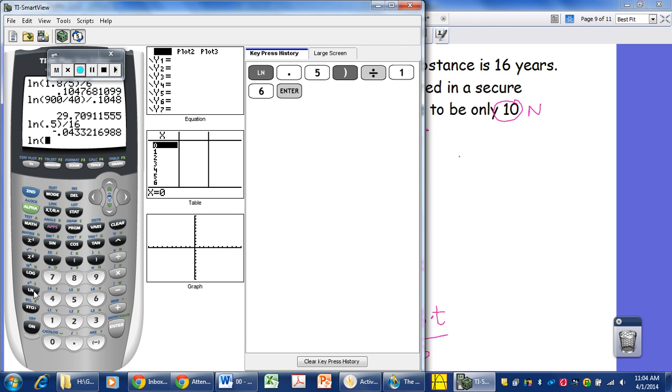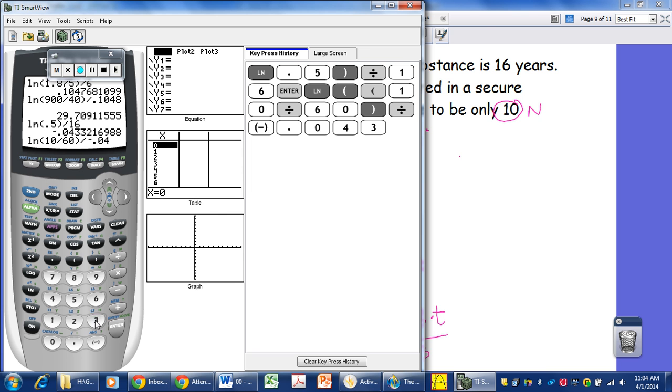Now let's go back to our calculator. The natural log of, well, it was 10 divided by 60. Don't round here, so I'll put in this whole entire value. 10 divided by 60, all divided by negative 0.0433. When I press enter, we should get a positive number.